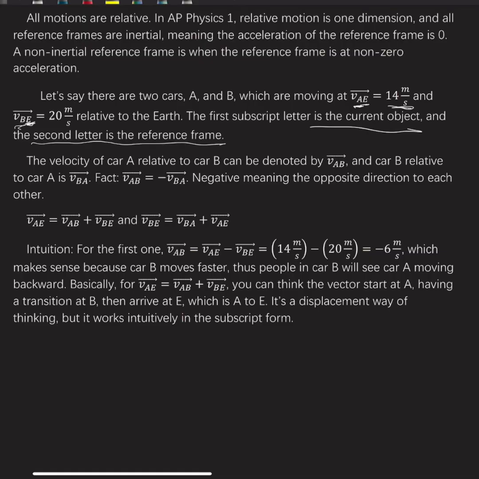The fact is that velocity AB is equal to negative velocity BA. The negative in this context means opposite direction to each other, and it only applies when it's in vector notation.